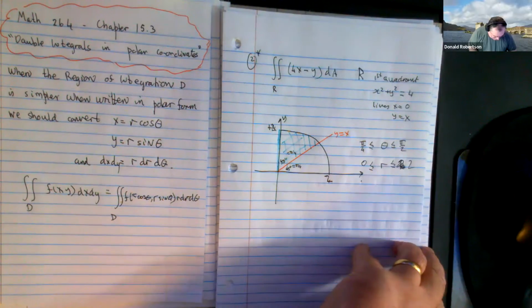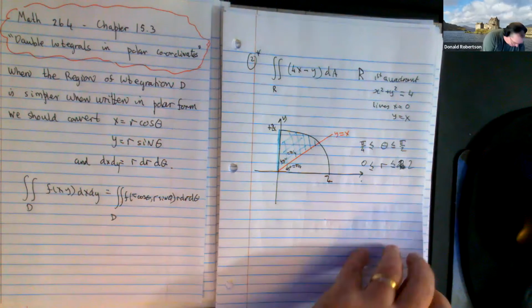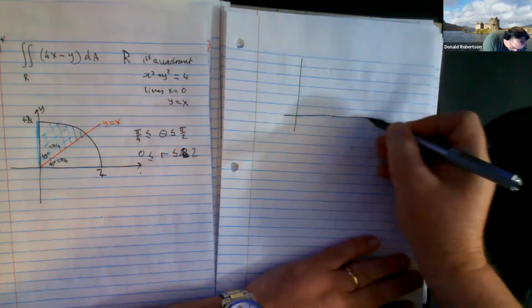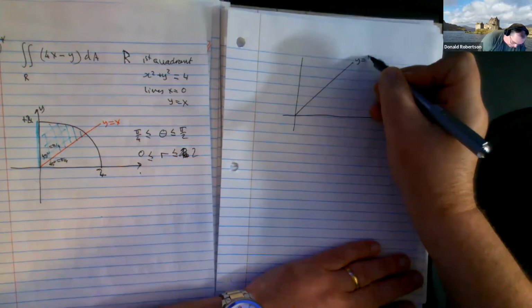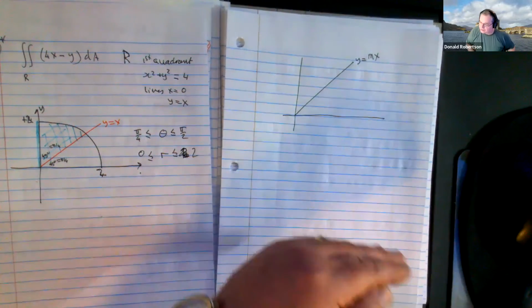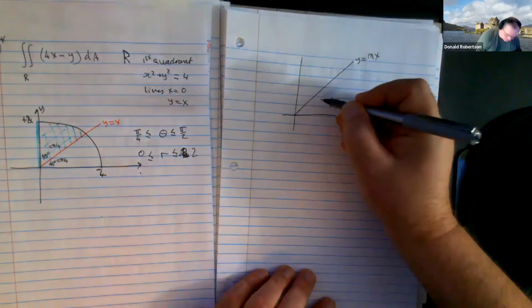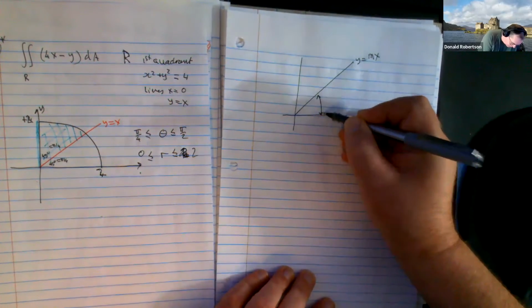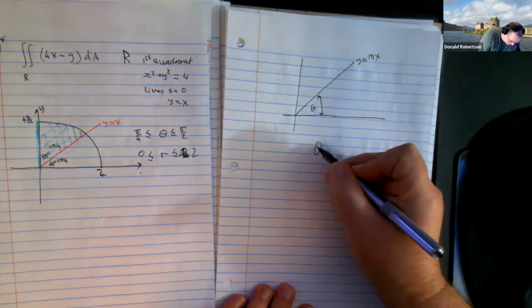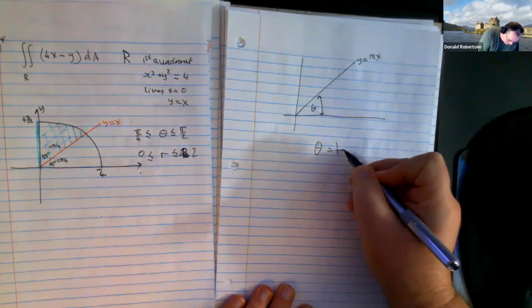Now, side issue. There is a way of finding out what that angle is. If you have any line, y equals mx, so it could be y equals 2x, a half x, or in this case, just x, and you want to know what this angle here is. I'll call it theta. Theta is the inverse tan of the slope of the line.